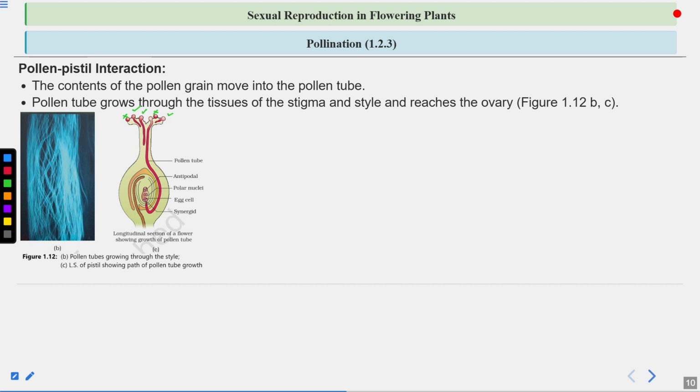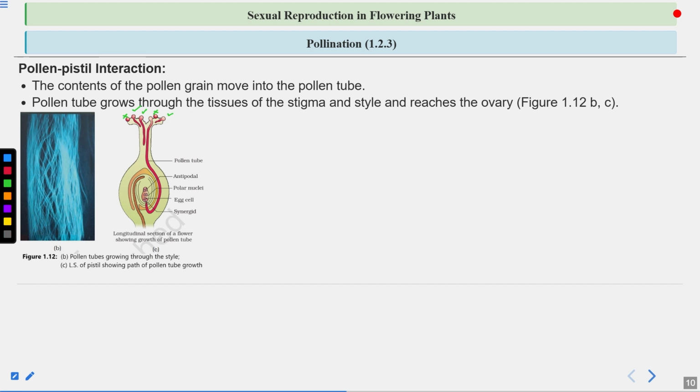But if somehow the fertilization doesn't take place, the fruit will not form. Okay? The fruit will not form. After fertilization only, the ovary changes to fruit, the ovule changes to seed. So you are saying that if pollen is incompatible and it somehow germinates, the fruit will be healthy to eat. If it is incompatible, then by some particular mechanism, it will not allow the fertilization to take place. So there will be no fruit formation.